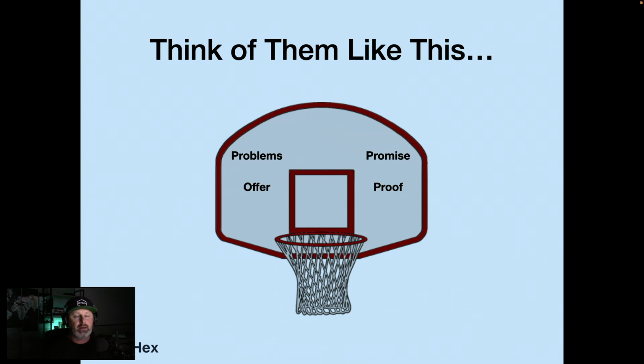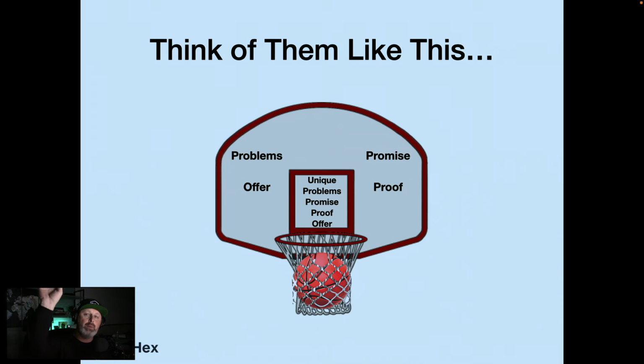The problems that you talk about, the promises that you make, the offer you extend, and the proof, if they're not right on the mark, they won't work. However, if you line up unique problems, unique promises, unique proof, and a unique offer, you'll throw that basketball, boom, it'll hit dead square in the center of the backboard, and boom, you'll make a basket.